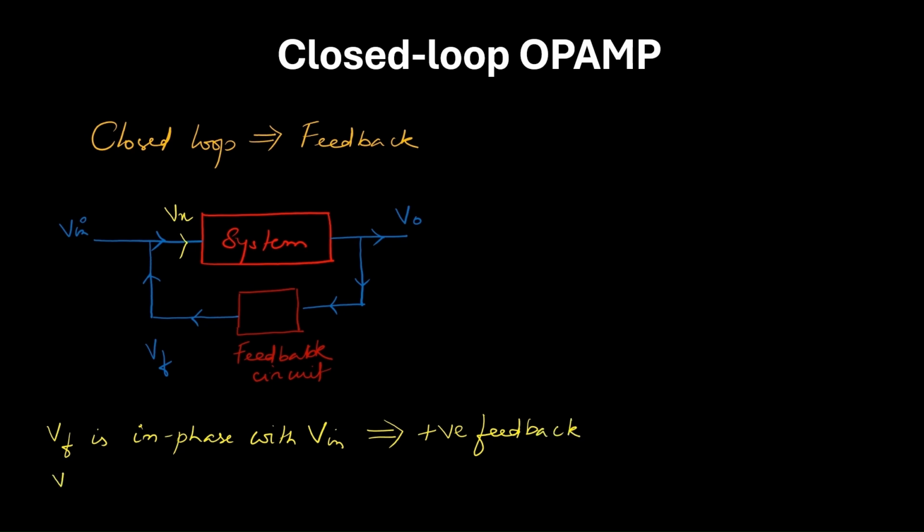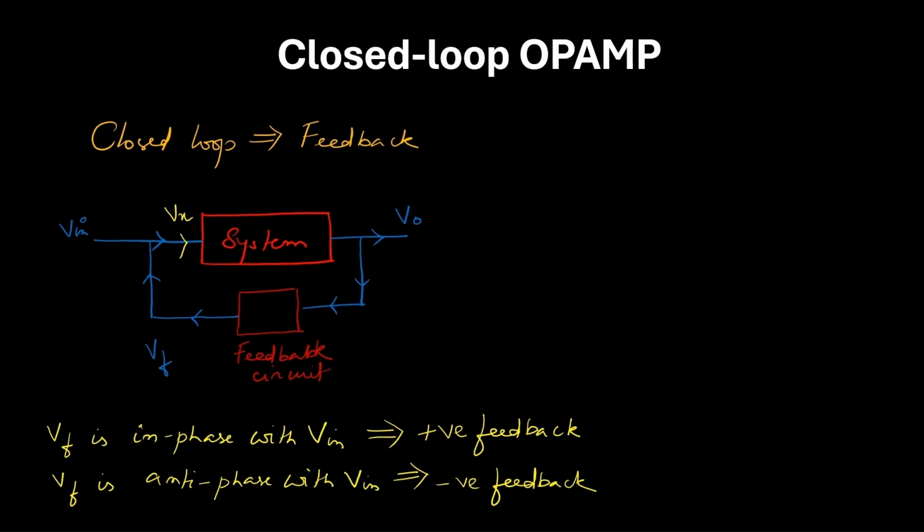And if Vf is anti-phase, or you can say out of phase with Vin, then we call the feedback negative feedback. So this is the concept of feedback, and by checking the relation between Vf and Vin, we can identify whether it is a positive feedback or negative feedback.